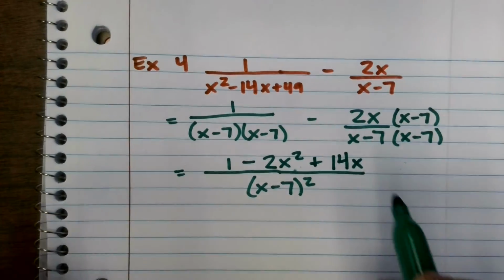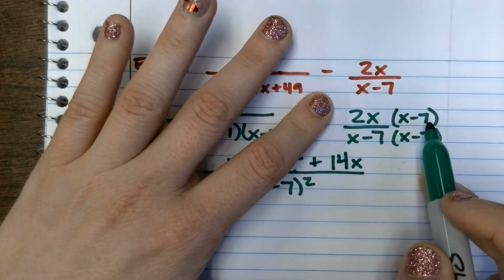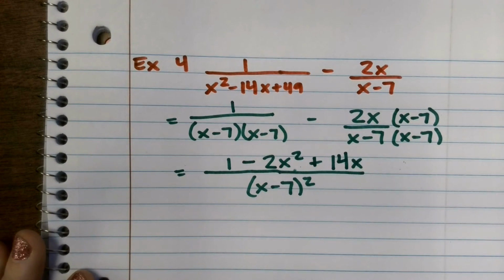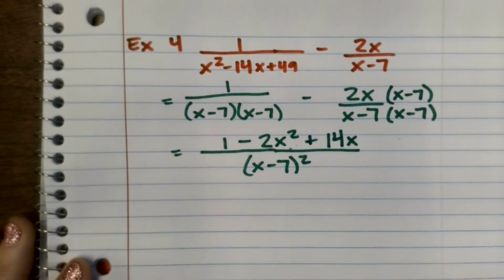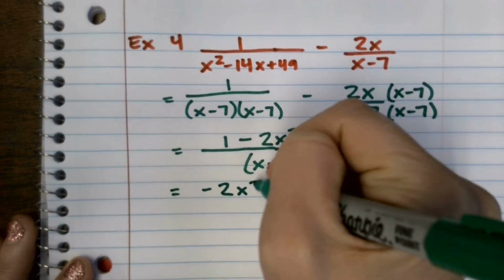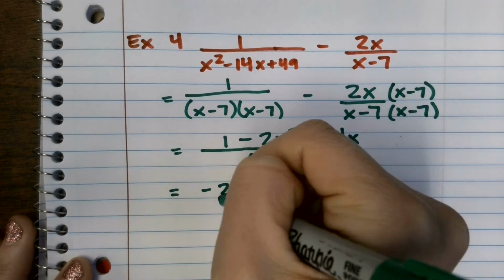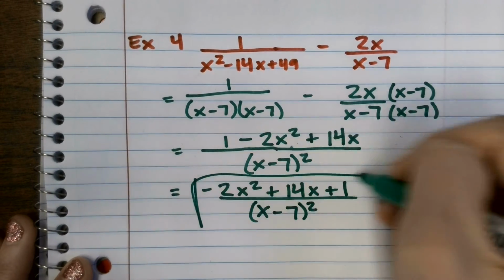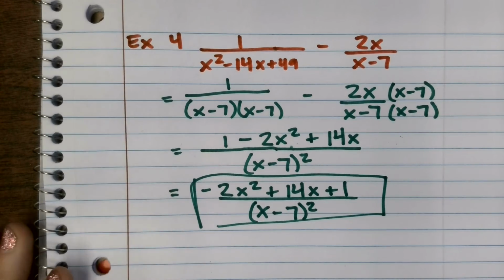So either way, if you wanted to leave the negative there, and then have your 2x squared minus 14x, but then you'd have the negative in parentheses so that you would distribute that negative in. And really at this point we're done. We don't have anything to combine. If you wanted to put it in descending order you could, but I believe Delta Math is fine with any of those, and so am I. I am going to rewrite it for myself though, because it does make me happier.